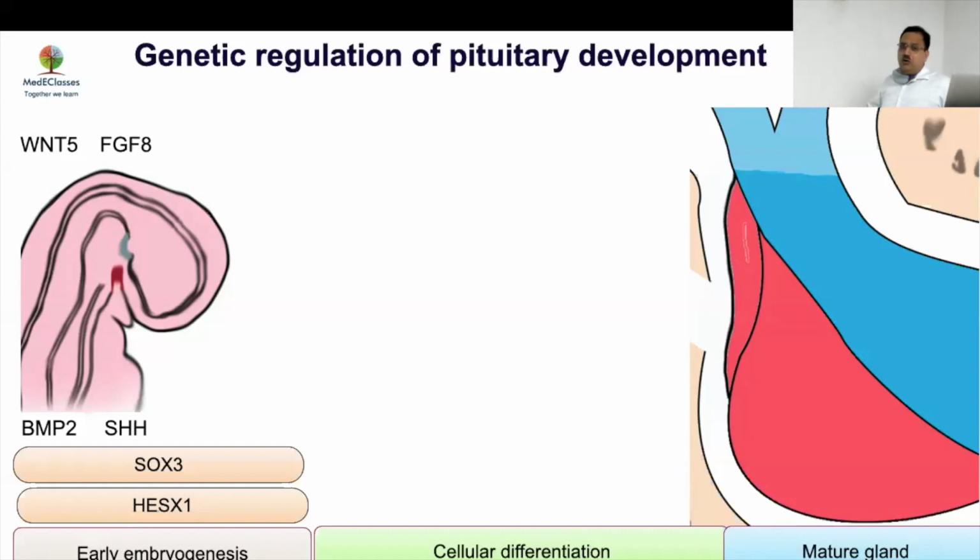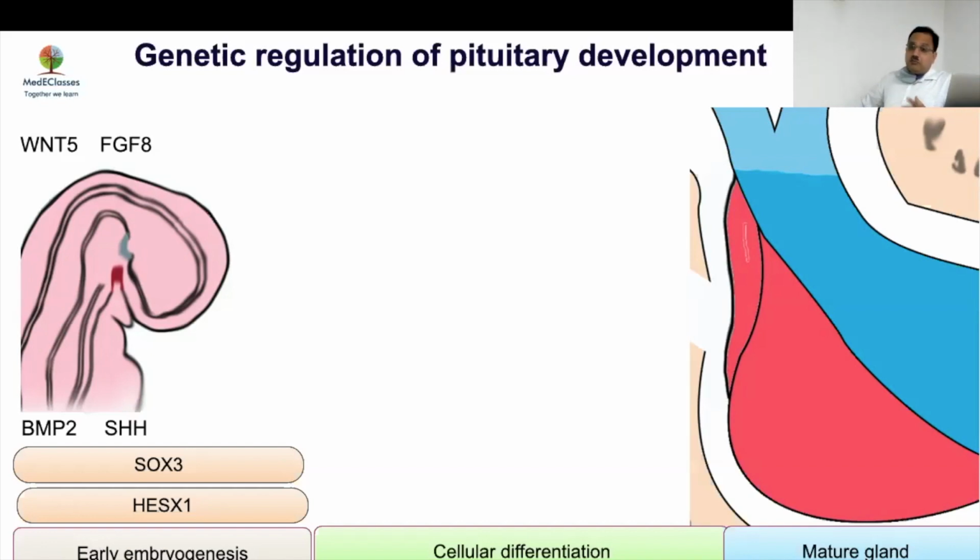Now, we know that SOX2 is a very, very important regulator of what is known as pituitary stem cells. Earlier people used to say, okay, your pituitary is gone, you won't have any further development. But now we know that within the intermediate lobe of the Rathke's pouch, there are some SOX2 positive cells which can actually convert into a pituitary.